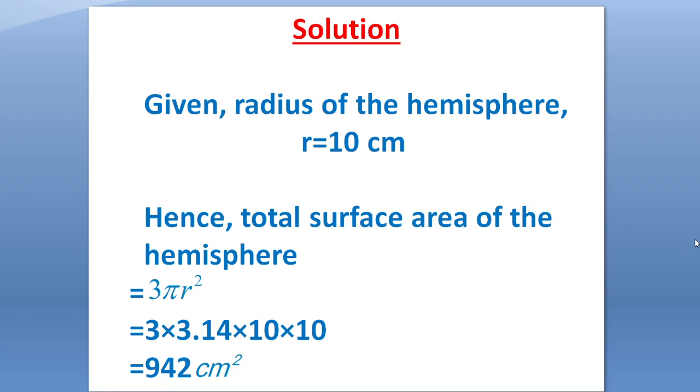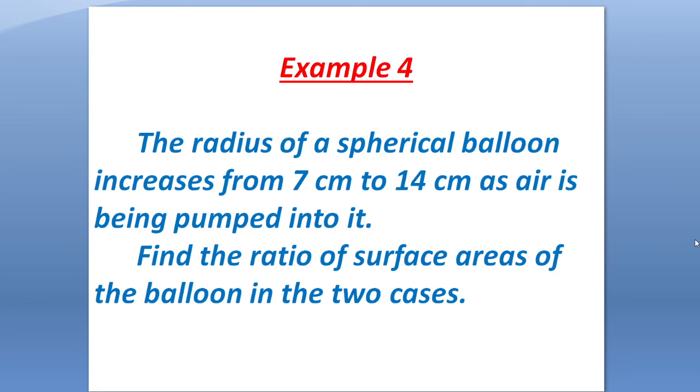Hence, the total surface area of the hemisphere is equal to 3 pi r square is equal to 3 into 3.14 into 10 into 10 is equal to 942 centimeter square, the total surface area of the said hemisphere with radius r is equal to 10 centimeters.